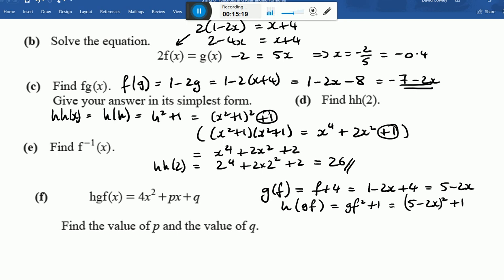I'm going to multiply out my brackets, which gets me 25 minus 20x plus 4x squared plus 1. Remember, this is two brackets multiplied together. This thing is now equal to 4x squared minus 20x plus 1 plus 25 is plus 26.